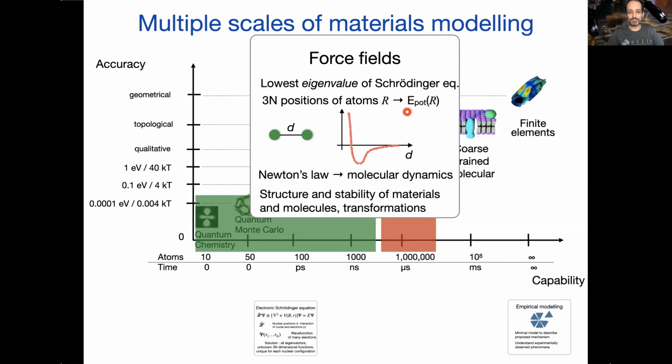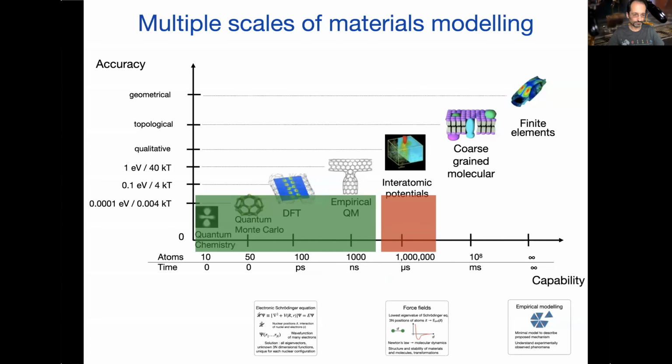And once you have this mapping, you insert it into Newton's law, and you do geometry optimization, molecular dynamics, and so on. And if you can do that successfully with good enough approximation, then that gives you access to structure of materials, stability of materials, molecules, and the various transformations between them.